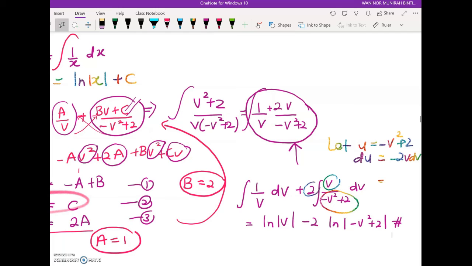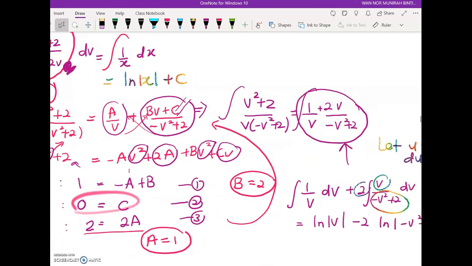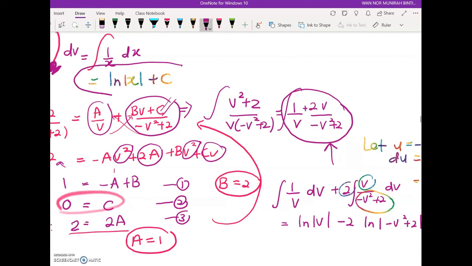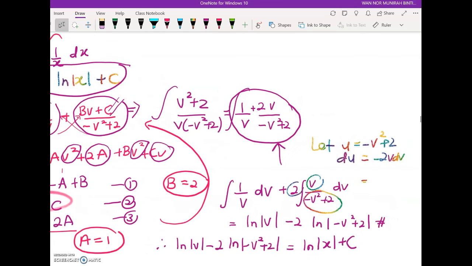So I plug into our solution previously in here. So I can conclude that I have natural log v minus 2 natural log of negative v squared plus 2, equals natural log x plus c. You can simplify the natural log.